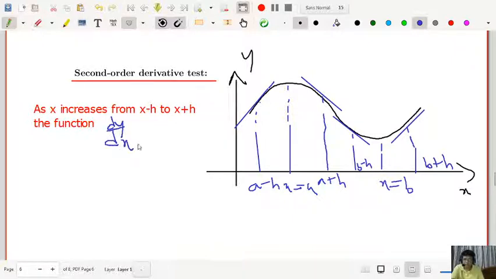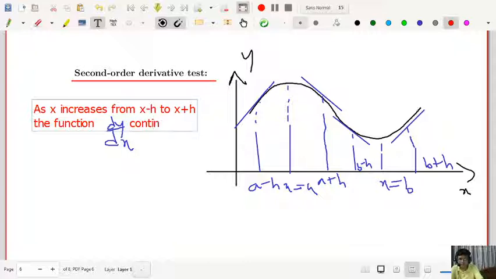So the function dy/dx continuously decreases.